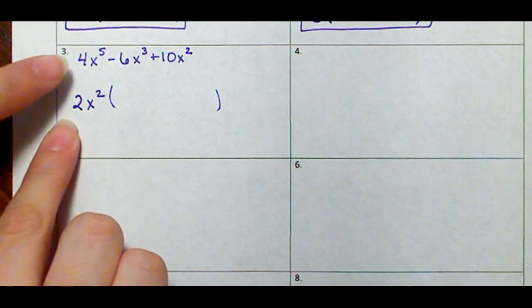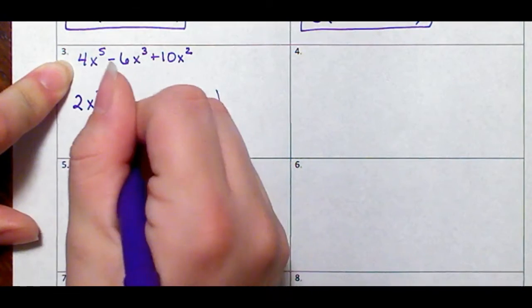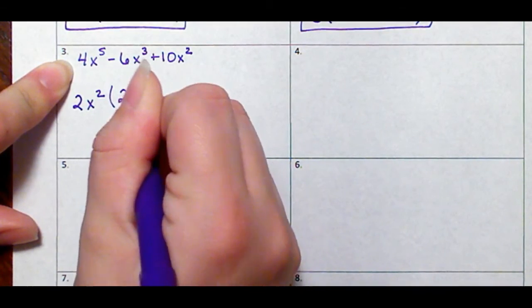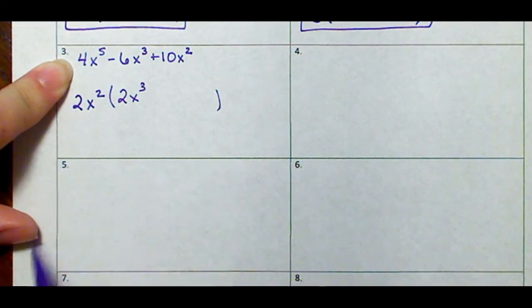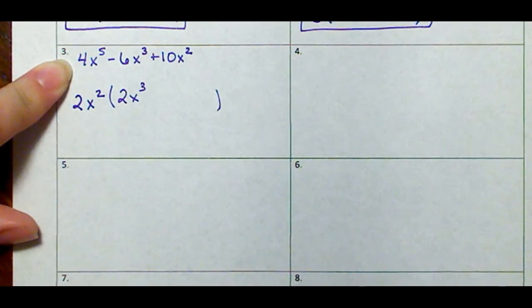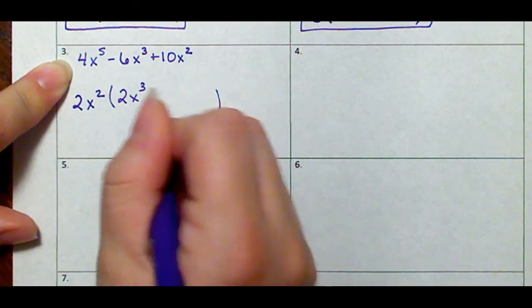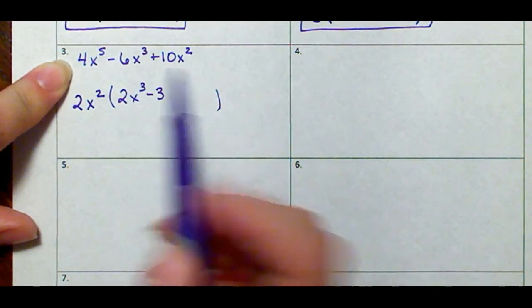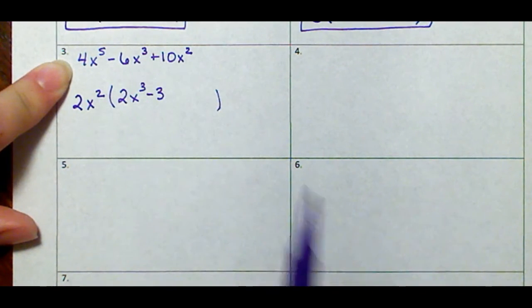So what times 2x squared gives me 4x to the 5th? Well, that would be 2x cubed. 2 times 2 is 4. x squared times x cubed is x to the 5th. 2 times what gives me negative 6? Well, that would be negative 3. And then x squared times what gives me x cubed? That would be an x.